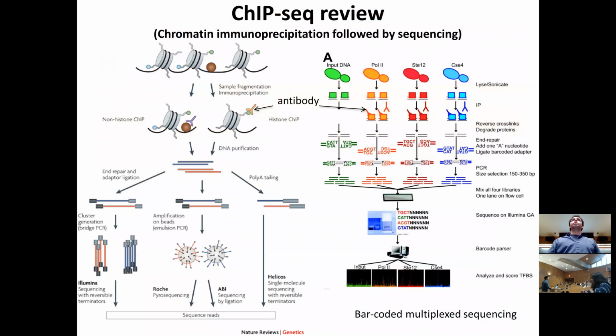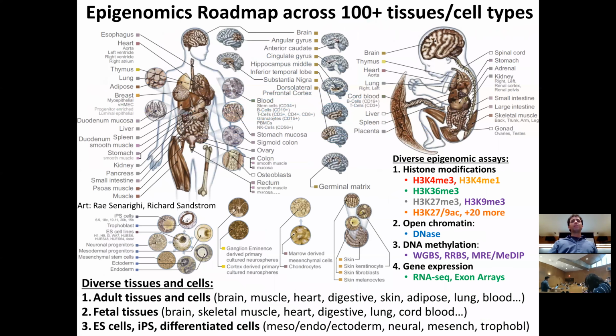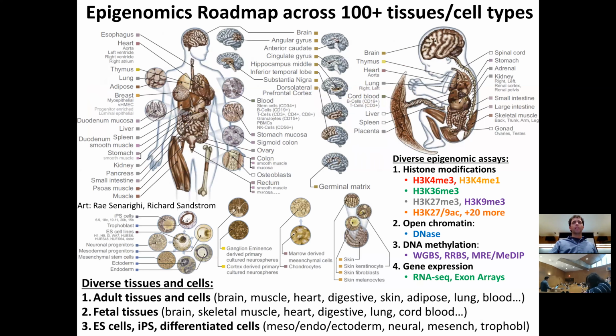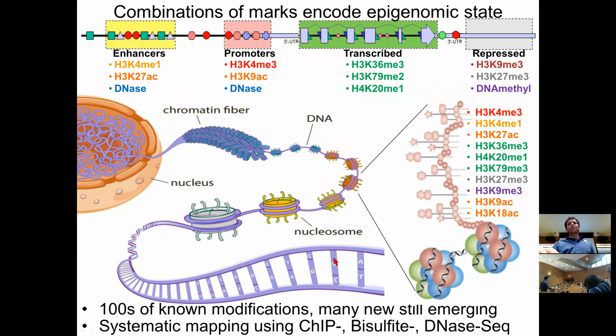So how do we map these modifications? With DNA methylation, we basically use bisulfite sequencing. Unfortunately, I don't have a slide for that, but you can transform the DNA in a way that distinguishes between CpG dinucleotides that are methylated and those that are not. And you can then sequence the genome twice, once after modifying it, once without modifying it, and the difference will tell you which positions were actually DNA methylated.